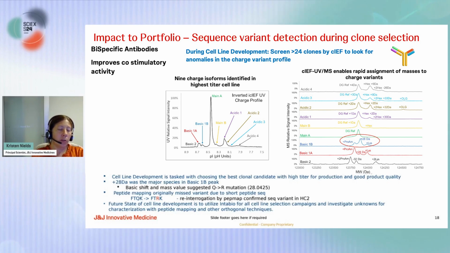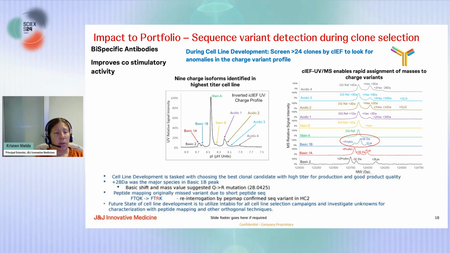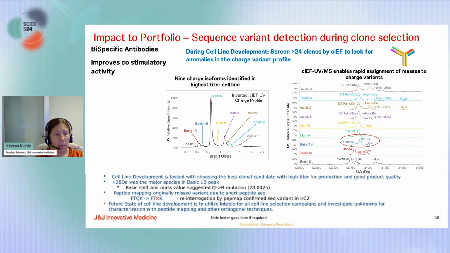We then looked at those top 8 clones, and the one clone which had the highest titer had this basic peak. The basic peak was a shift of 29 Daltons, but it was something we did not see in any of the other clones, and we started to investigate what that possible plus 29 could be, and corroborate with our mass spec colleagues to see if they saw anything.